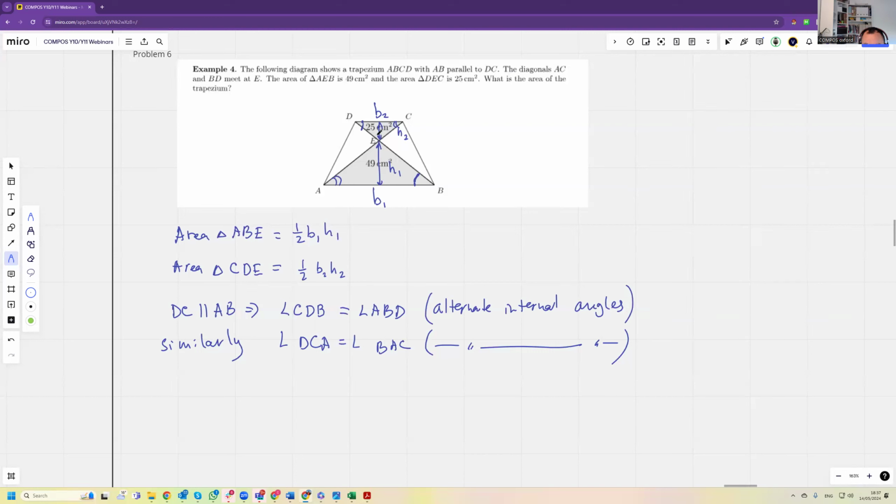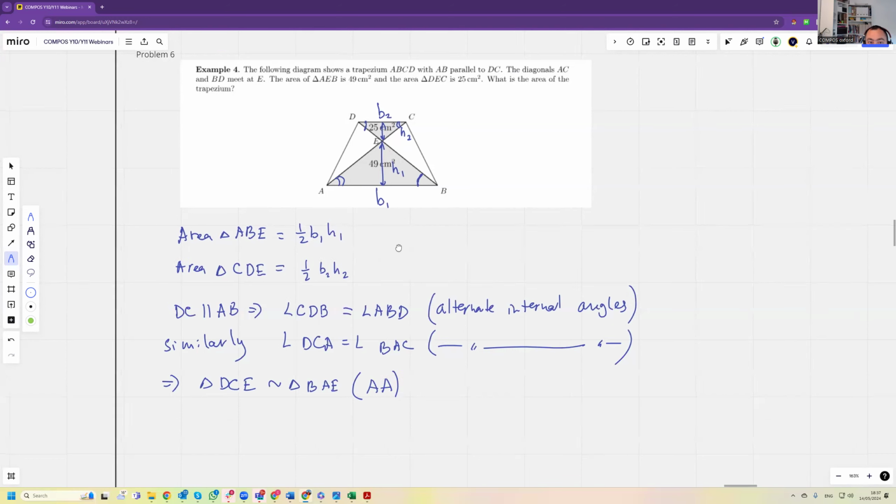That means that triangle DCE is similar to triangle BAE by two angles. Two angles are equal, that means the triangles are similar.